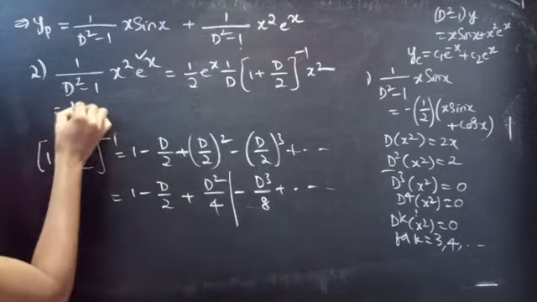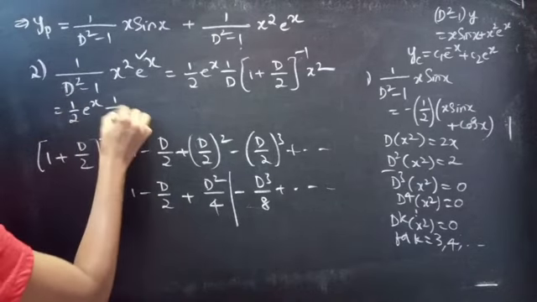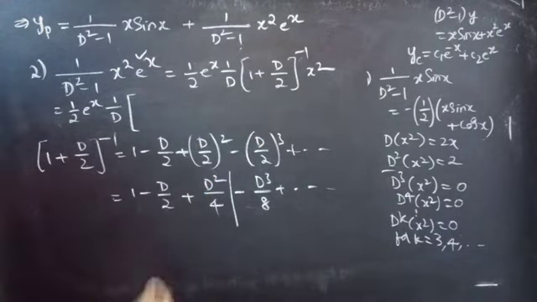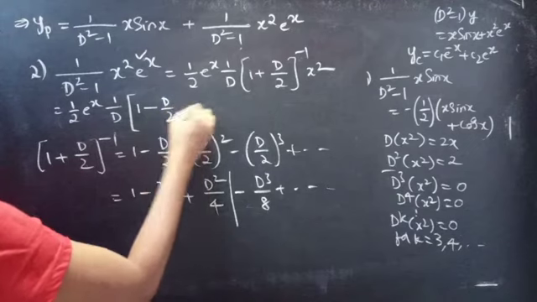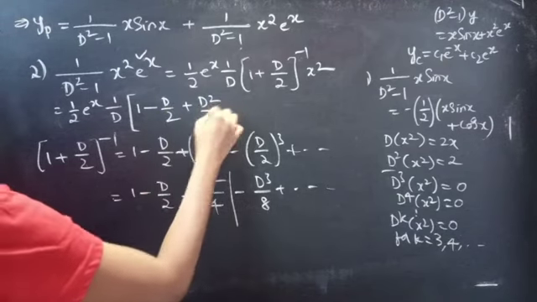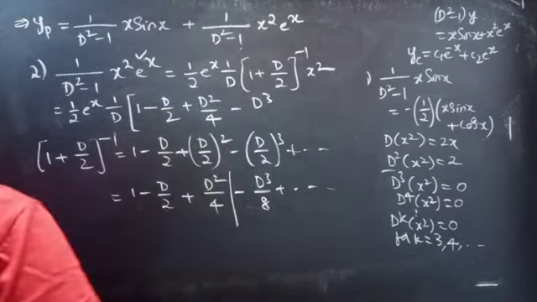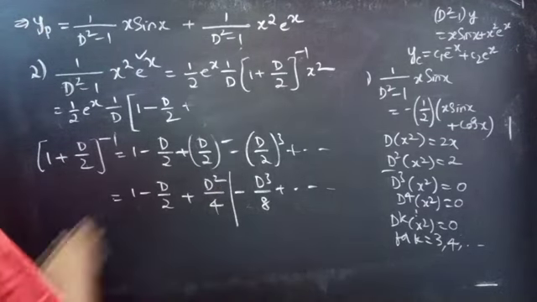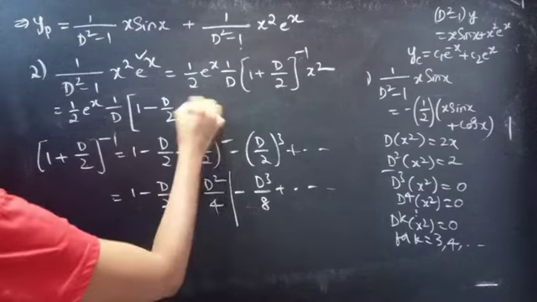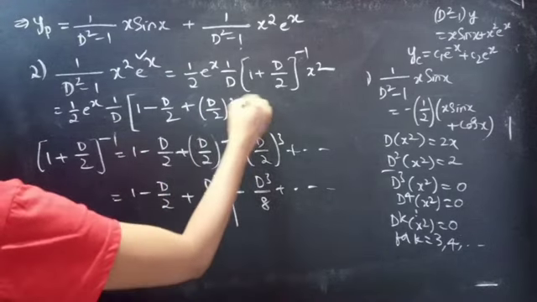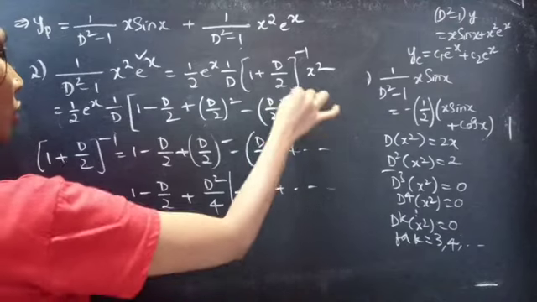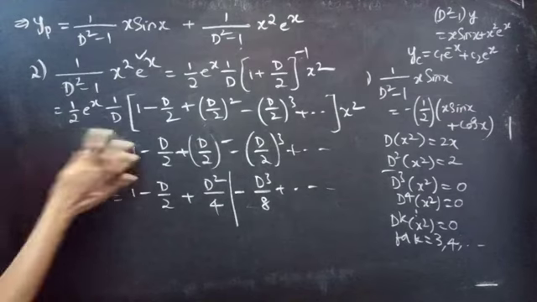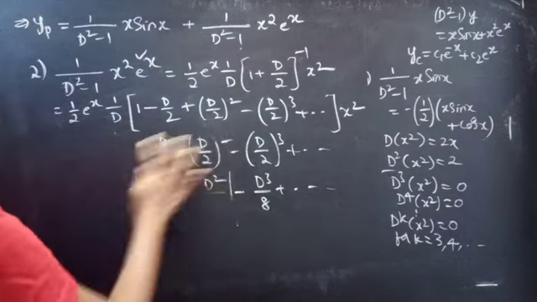This becomes 1/2 into e^x into 1/D into the expansion of (1 + D/2) whole inverse, which is 1 − D/2 + D²/4 − D³/8 plus so on, into x². Let's write this step first. Here we can solve the second term in 2 ways.